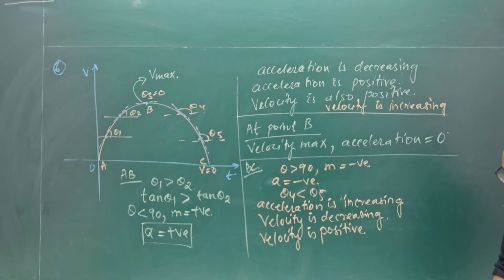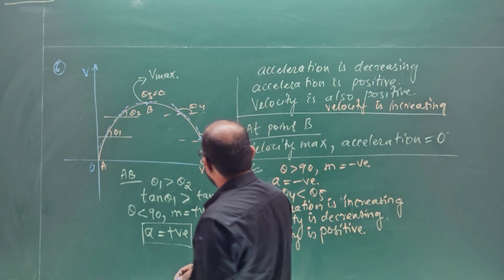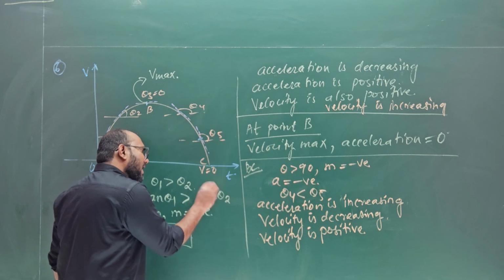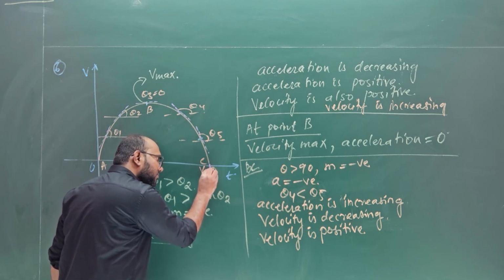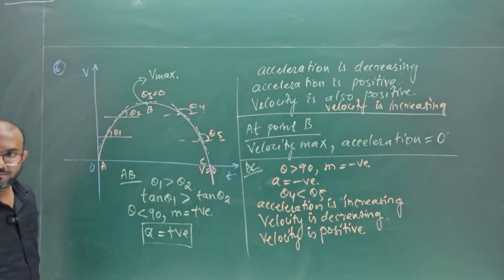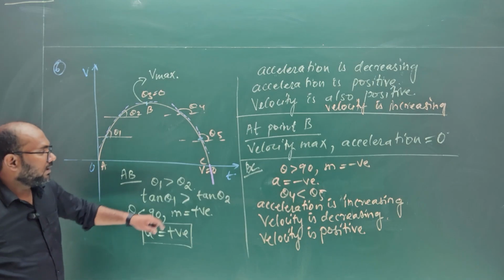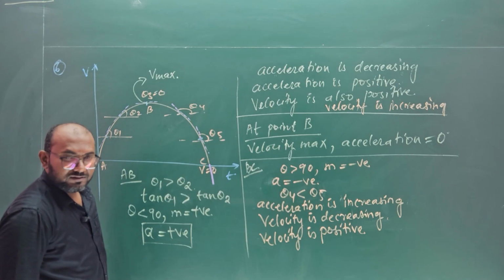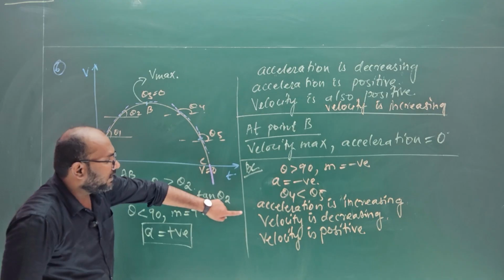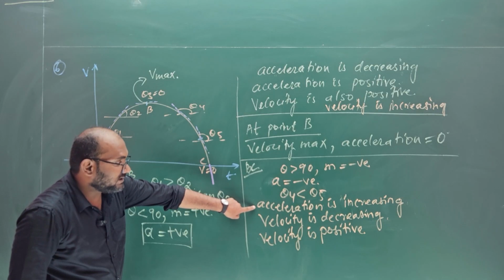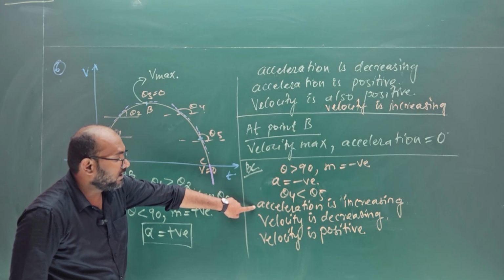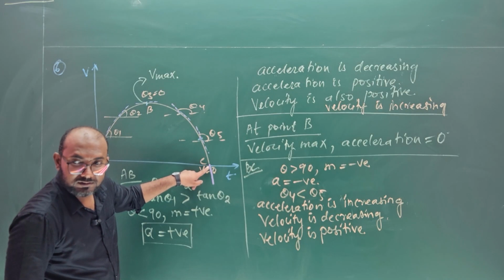Okay, if someone asks you, what will happen if the body continues like this? If the body is continuing in this direction, can I say that after reducing the value, acceleration is here increasing. Now, velocity becomes 0.